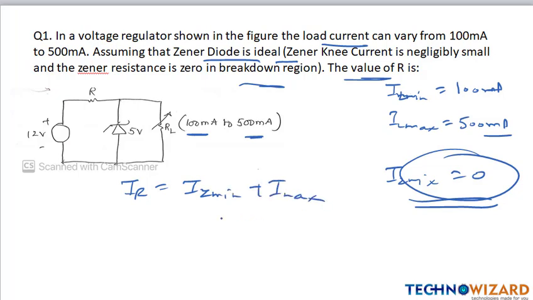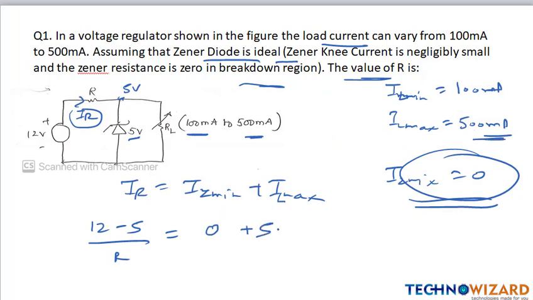Now from the equation we have seen IR is equal to IZ minimum plus IL max. We have to find the resistance. This is 5 volt. If I have to find the current through this resistance, I can write 12 minus 5 upon the resistance is equal to IZ minimum, which is 0, plus IL max. IL max is given as 500 milliampere.